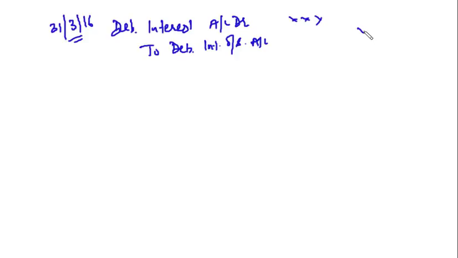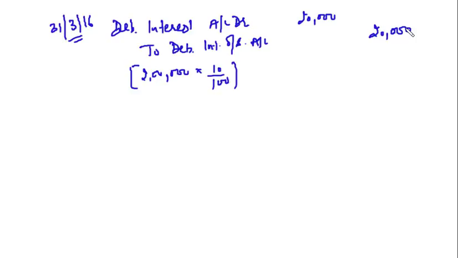Debenture interest account debit to debenture interest outstanding account. Now, what will be the amount? On 2 lakh rupees for 1 year, 10%. So 20,000 is the debenture interest that is still outstanding as on 31st of March 2016.